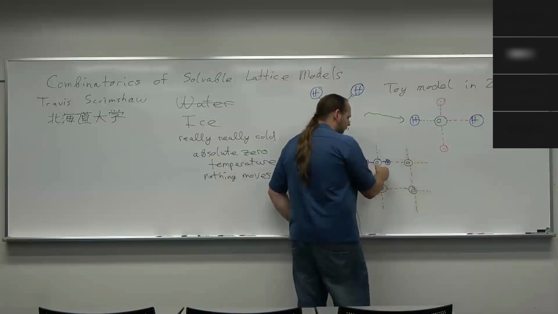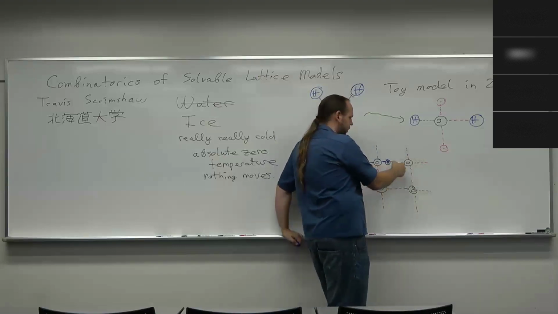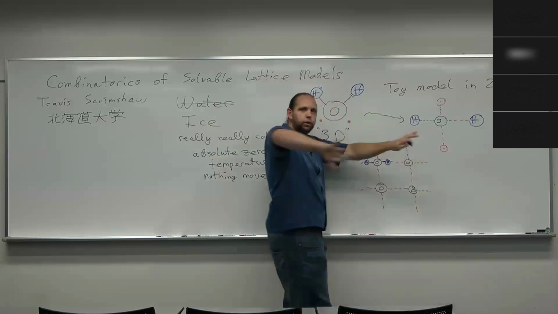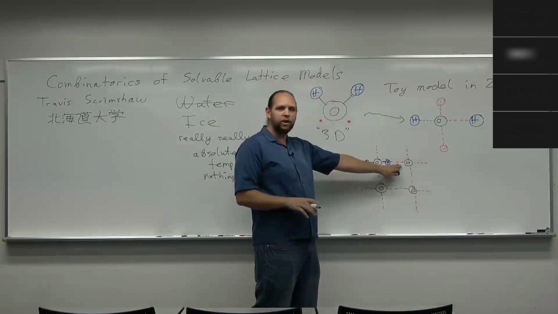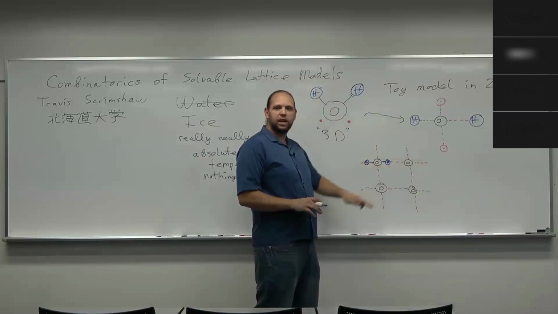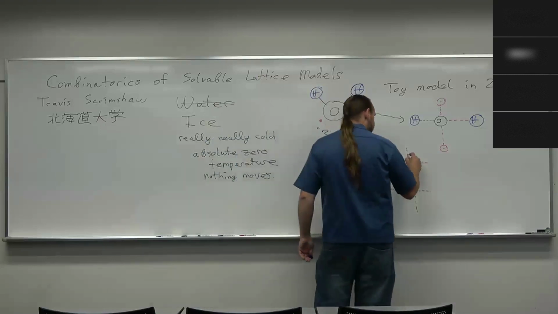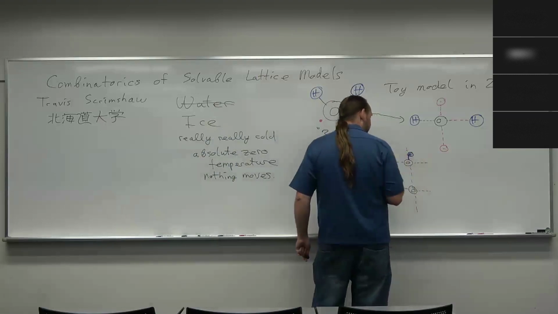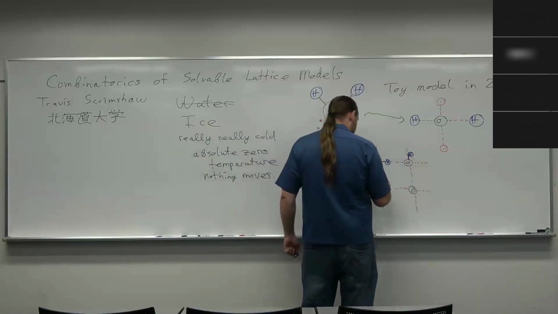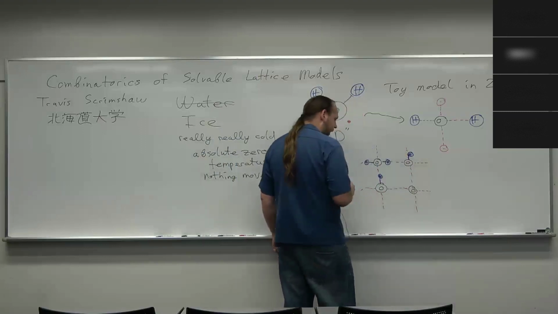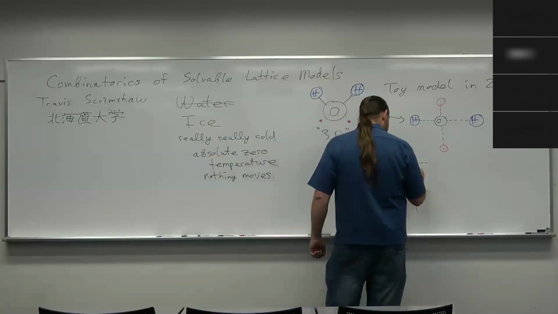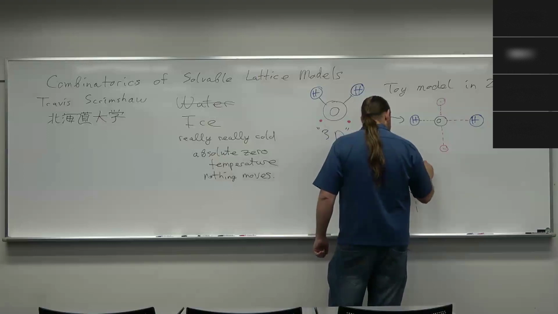But if there's a hydrogen here and a hydrogen here, they're going to repulse each other. They want to move as far apart as possible. So putting an extra hydrogen here is not going to happen. Instead, we're going to have a hydrogen here, and this is going to want to put a hydrogen here, and let's say we put the hydrogen here.